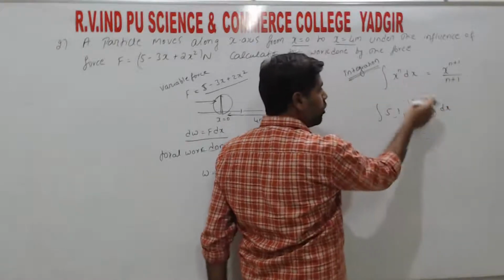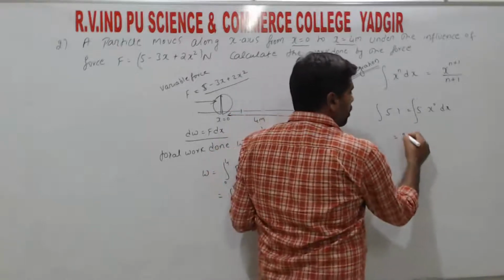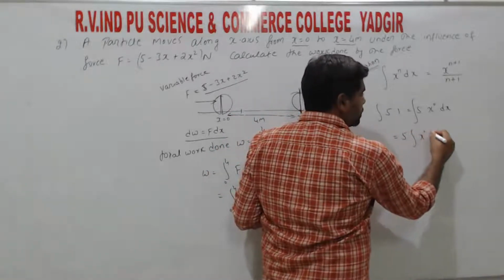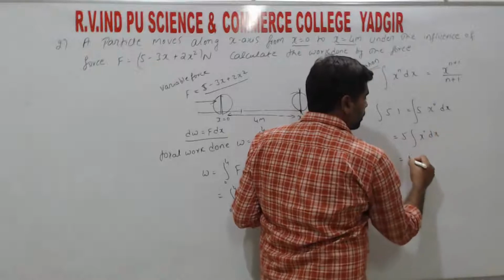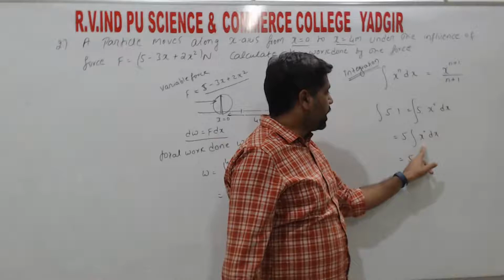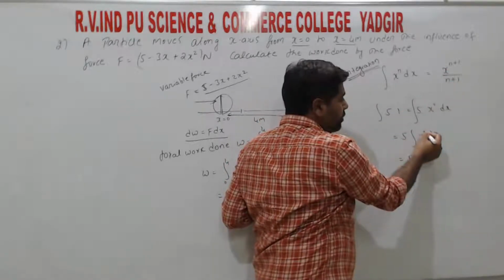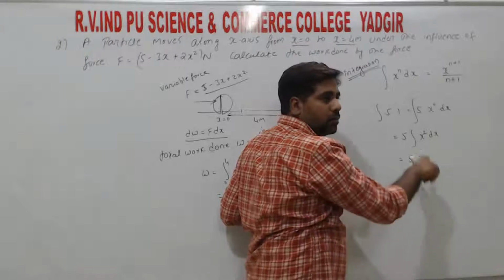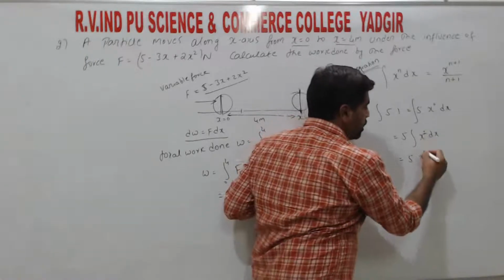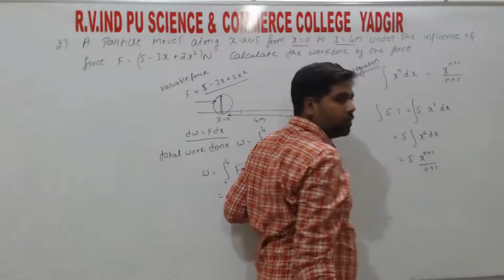In this form, 5 is a constant, so we can take 5 outside. So x power 0 dx, right? So 5 into the formula. Here n is 0. So 0 plus 1 divided by 0 plus 1, right?